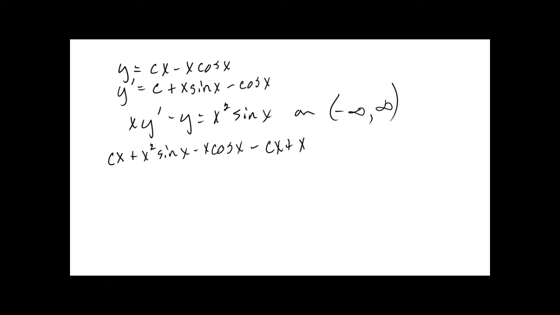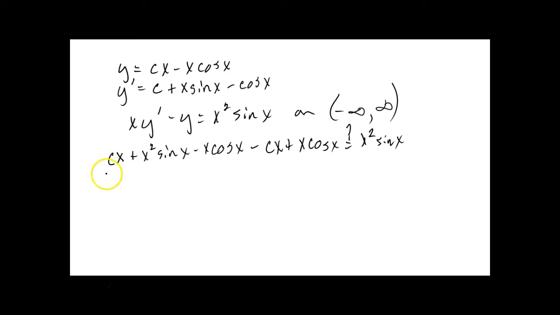That's what we're in the process of doing, and we were just at the point of doing minus y, and y was this, that's minus cx plus x cosine x, and supposedly that's equal to x squared sine x. That's what we're trying to show.